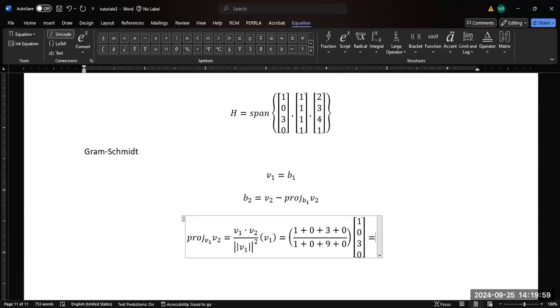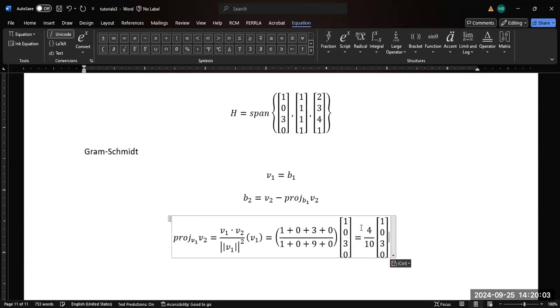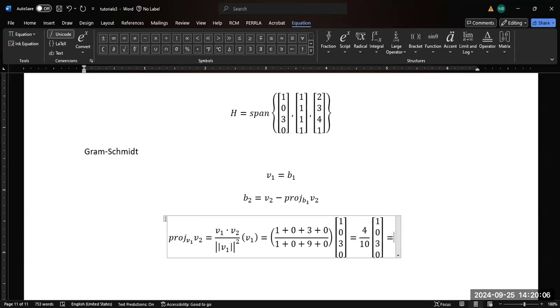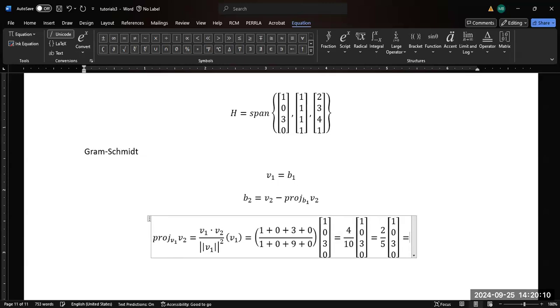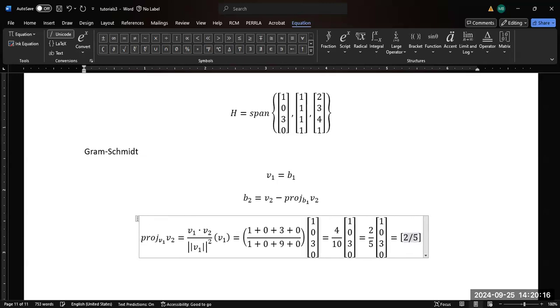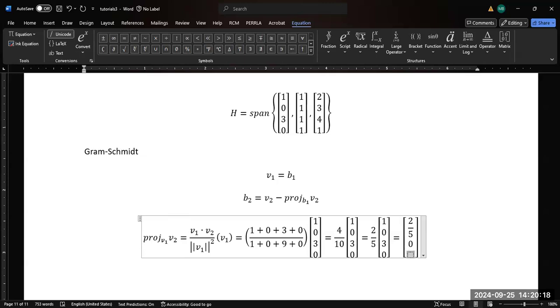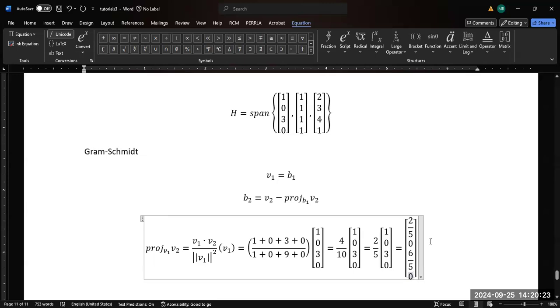We're going to end up with 4 over 10, or 2 over 5. And if we multiply those out, we're going to get 2 over 5, 0, 6 over 5, and 0.